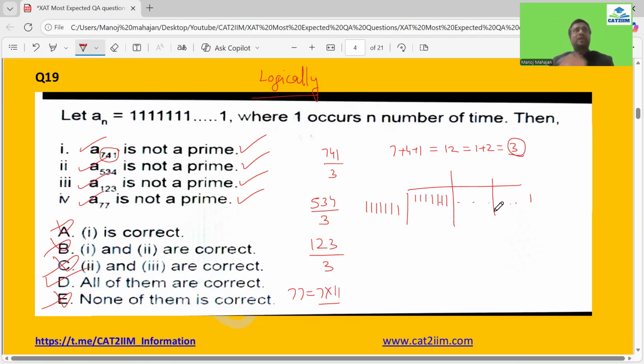So the moment you get one more factor apart from 1 and the number itself, you know that it is not a prime number. So I've shown you the mathematical way also, that you can figure out that this is not prime. But please focus on the logical approach also, because that would have taken hardly any time to figure out the answer is option D.